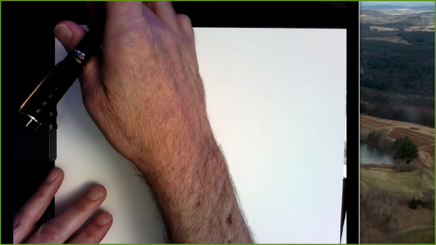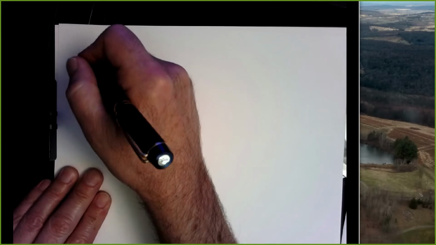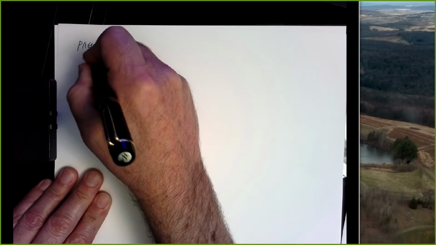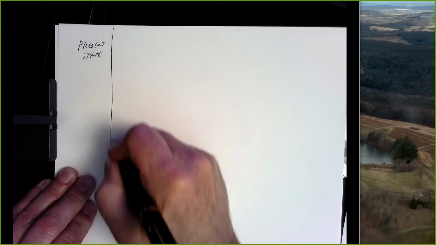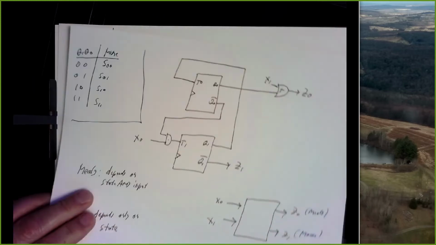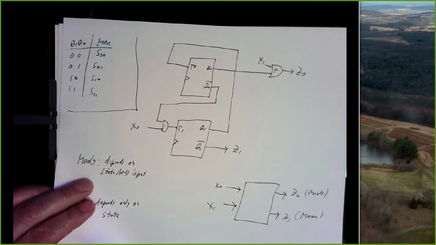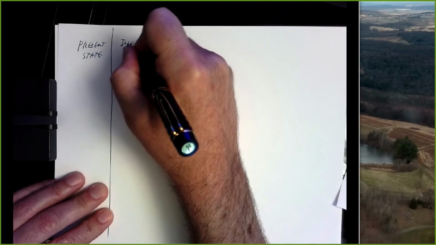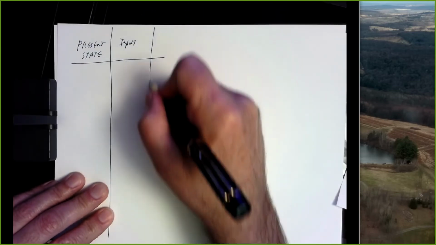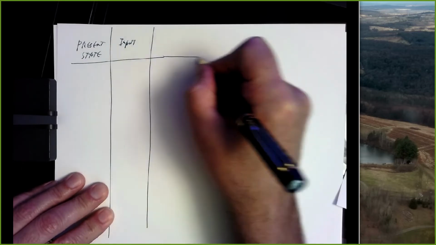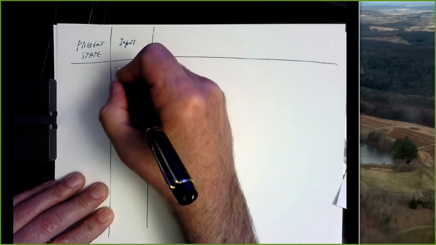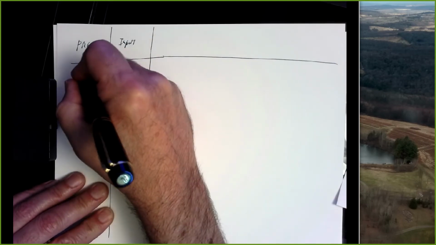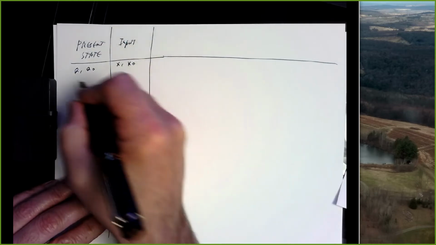All right, so now we make the present state, next state table. We start with present state, and we also have a pair of inputs, x0 and x1. Our inputs are going to be x1, x0, and our state is given by q1, q0.